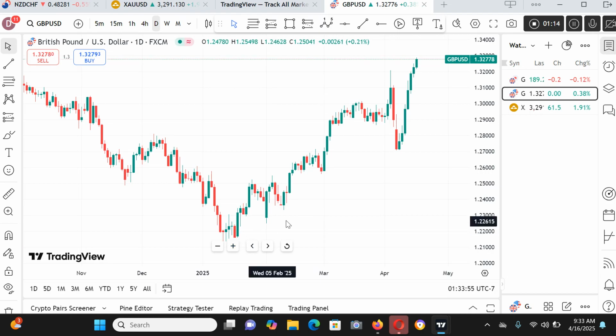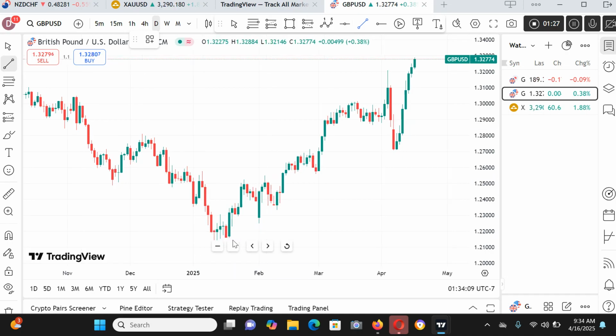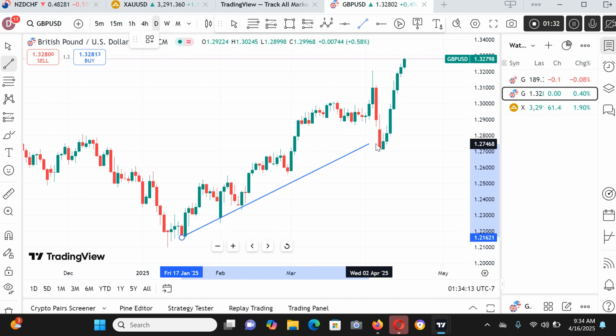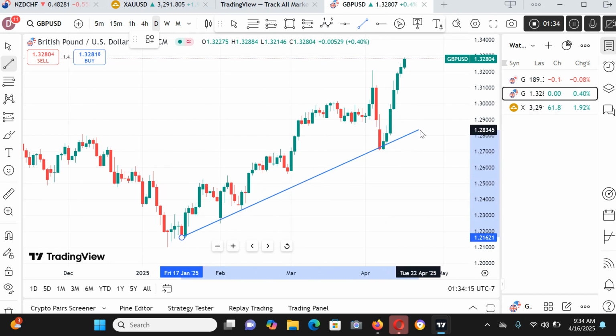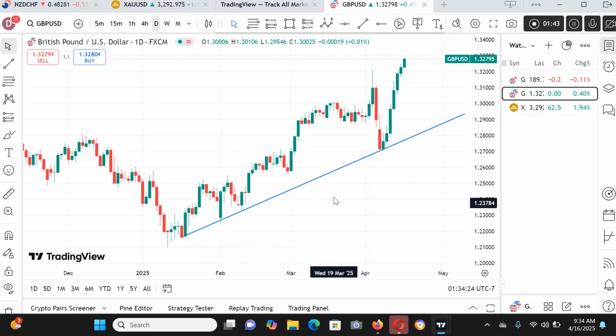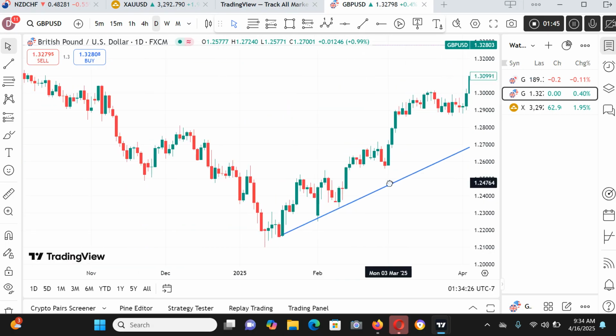That's the trough, so the trough is here. We draw our trend line from the origin of the uptrend, which is here, like this. This is very simple and straightforward on the daily time frame.